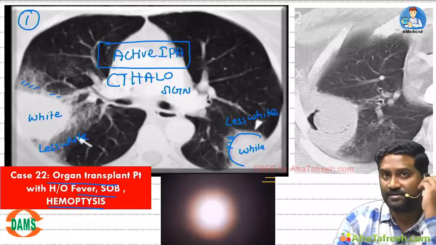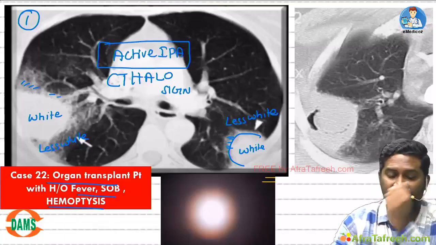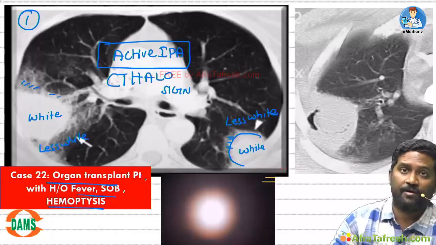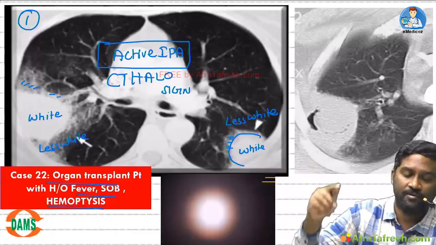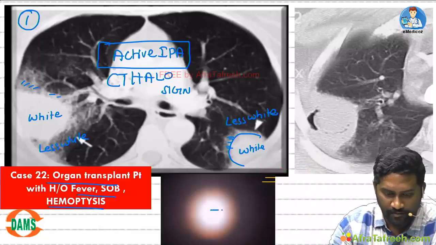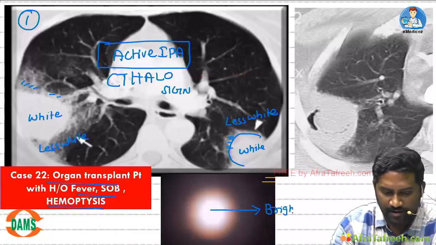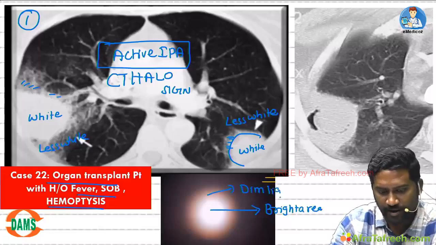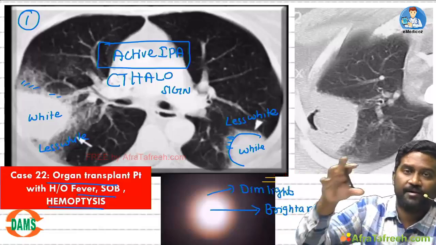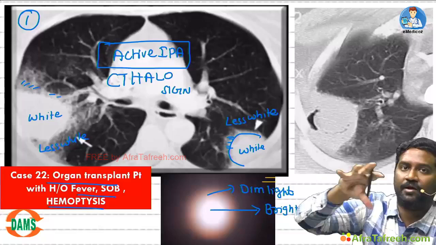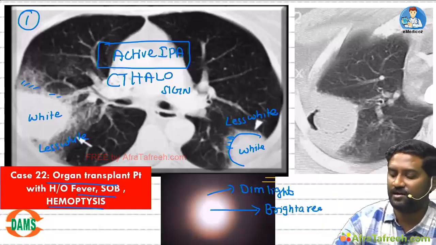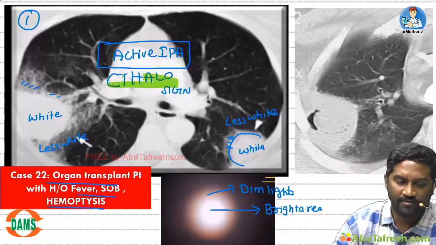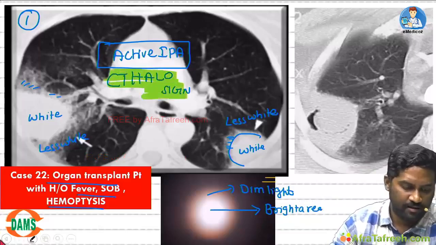Now where did this term CT halo sign come from? If you look at the moon in the sky on a full moon day, there will be a central bright area and a peripheral dim light. That presence of dim light around a central bright area is called a halo sign.